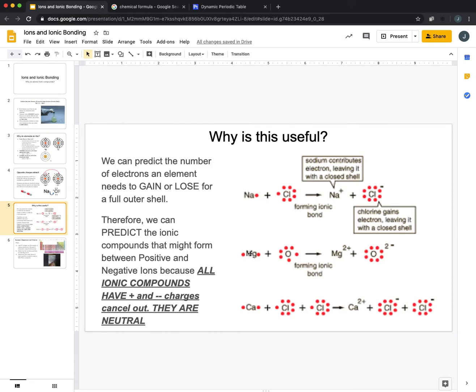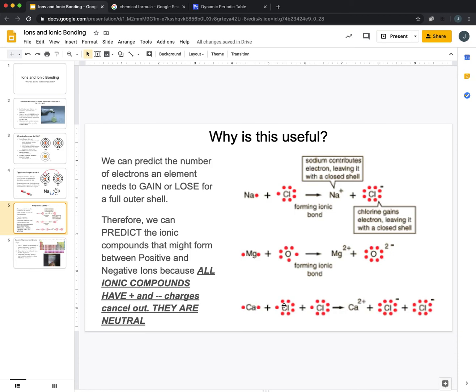Now, it's not always a 1-to-1 ratio. So here we can see magnesium, we only need 1 to cancel out 1 oxygen. For sodium and chlorine, we only need 1 sodium to cancel out 1 chlorine. But sometimes you get a situation where you get something like calcium and chlorine. Calcium forms a charge of 2 plus because by getting rid of these 2 electrons, we now have lost 2 electrons, so we have 2 more protons than electrons, so this gets a positive 2 charge.